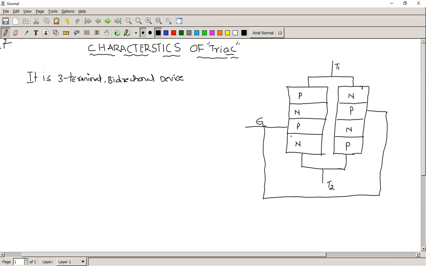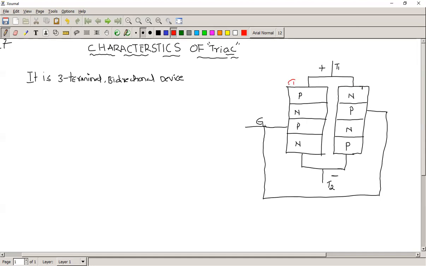Now let me take T1 positive with respect to T2. With this polarity, the first device is forward biased.